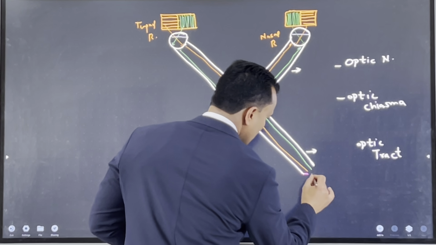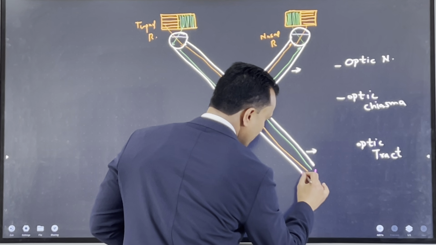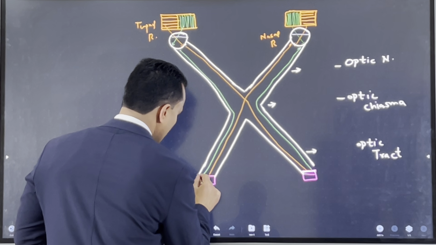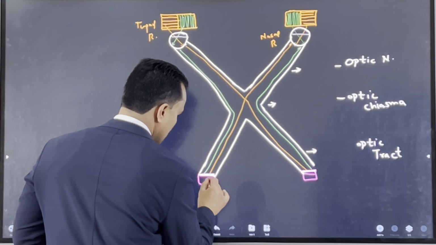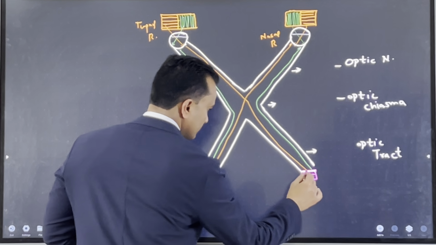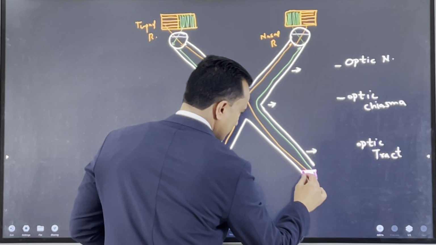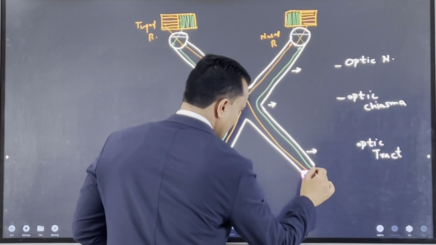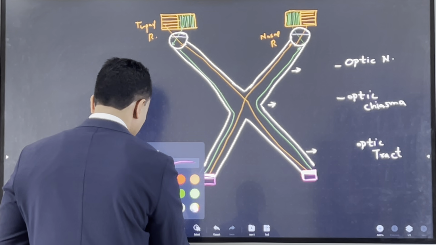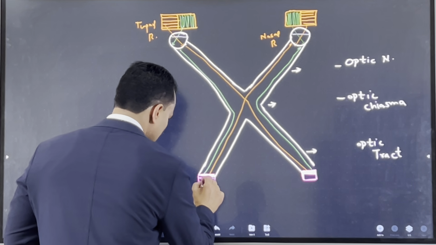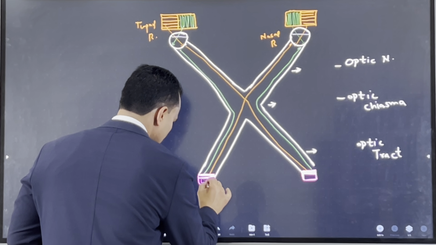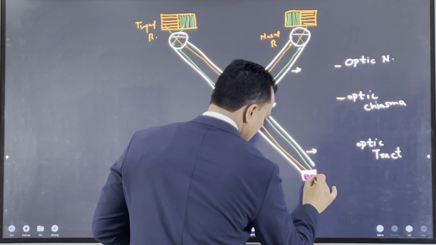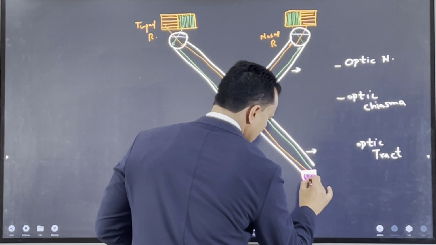The lateral geniculate nucleus of the thalamus receives fibers from this visual field. So this is the lateral geniculate nucleus, LGN.